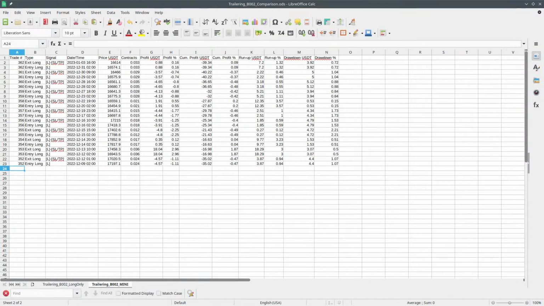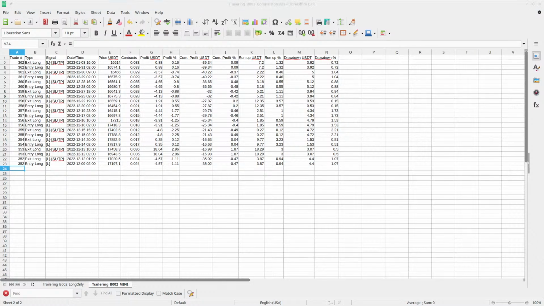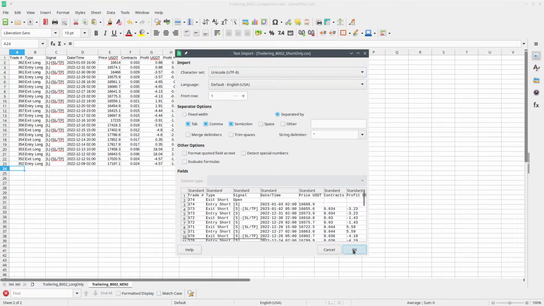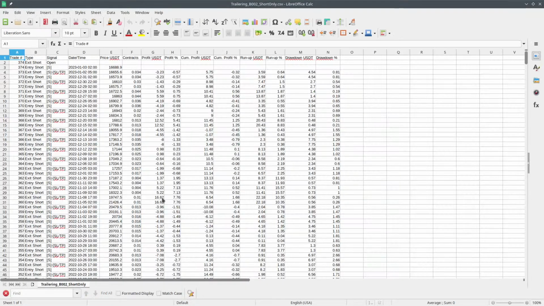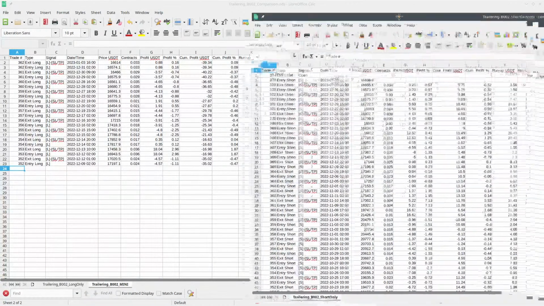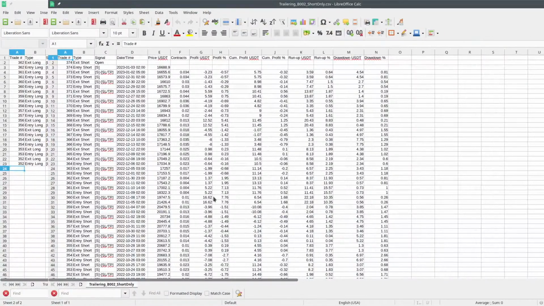So we should also open the short only trades, which are here. Now the oldest one is from 9 December, so we want to check 9 December, which is this one here.